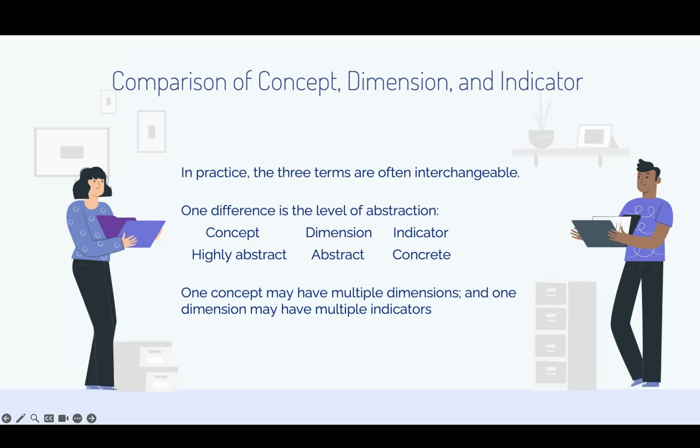So if we are investigating the well-being of social workers, we might examine several dimensions, such as job satisfaction and support network. Within job satisfaction, indicators could include the number of hours worked, feeling of accomplishment, or stress levels, all measurable elements that give substance to the abstract concept.